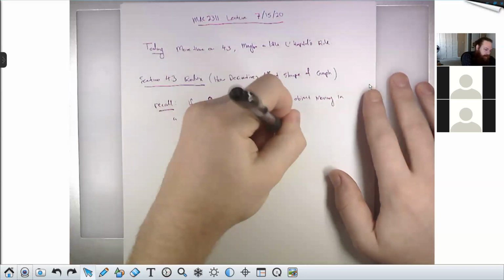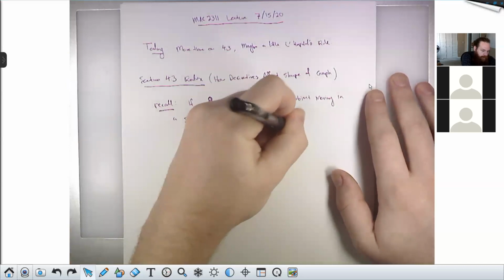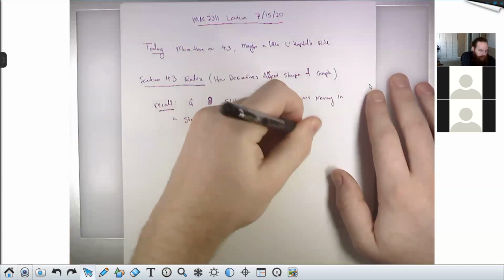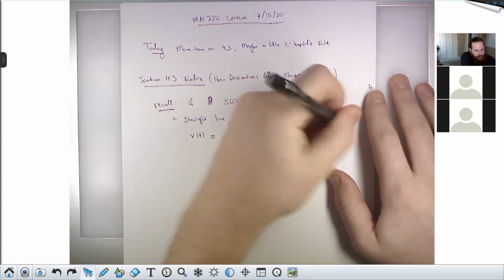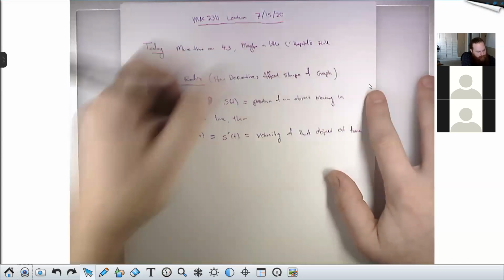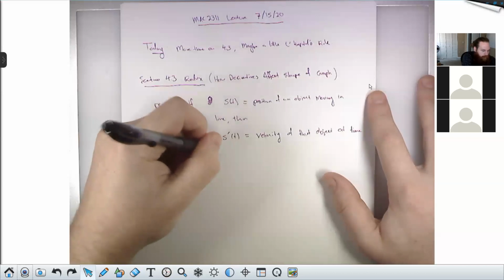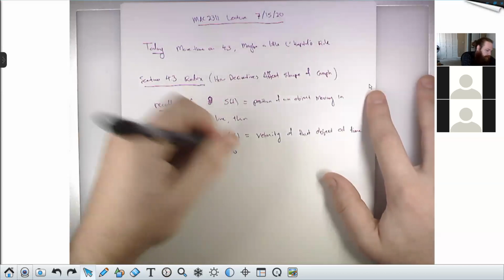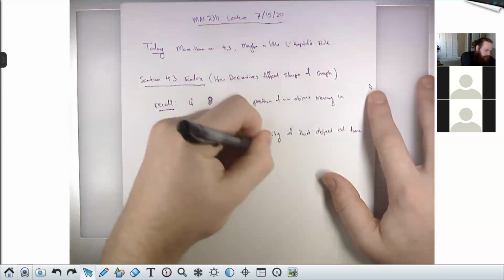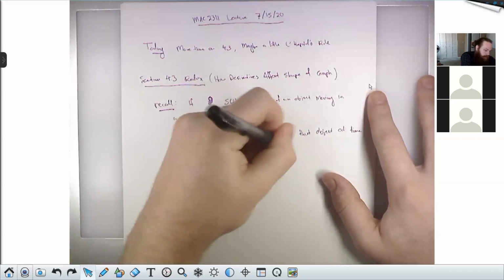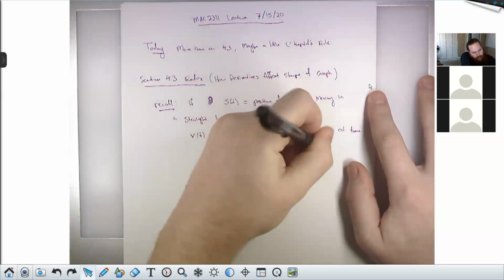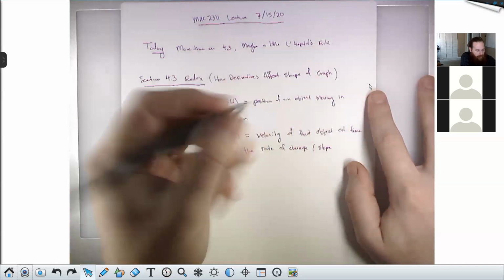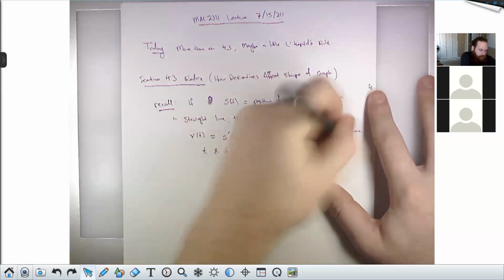And it's the rate of change. So it's the velocity of that object at time t. And it is the rate of change or slope of s of t.